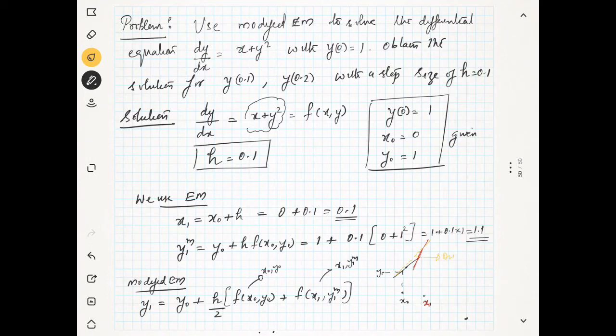This is the average, as I have told before.